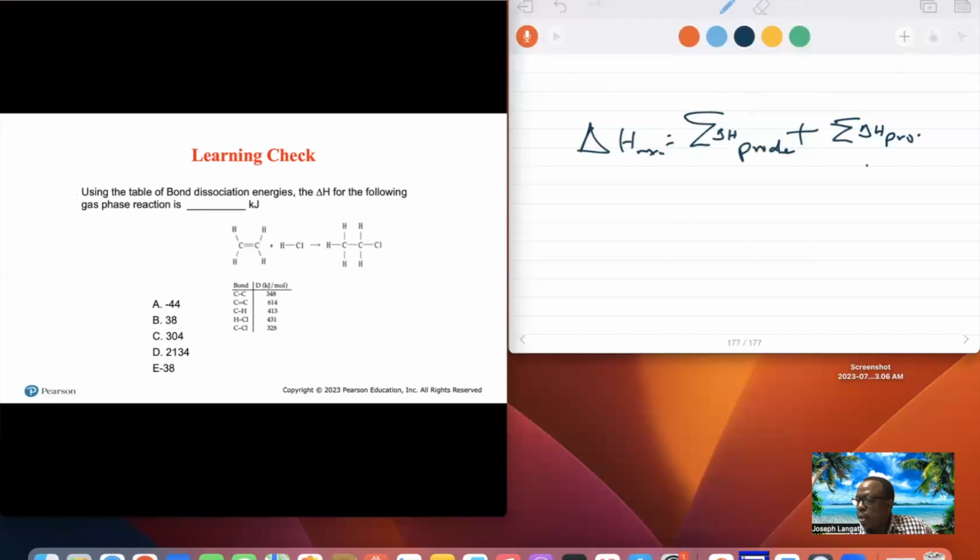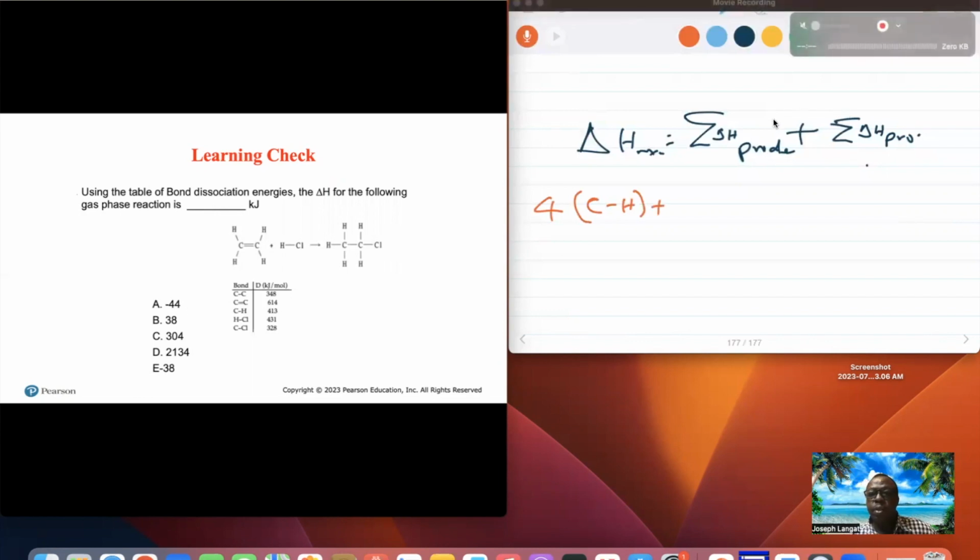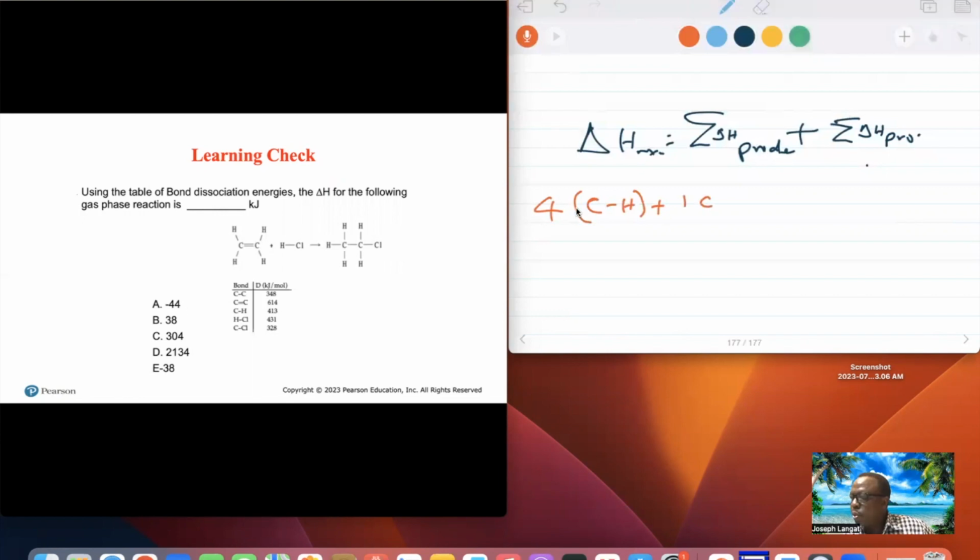If I look at A, here there are 4 carbon to hydrogen bonds. If you look at carbon, hydrogen, 1, 2, 3, 4. That's why I have 4 here. Plus, because of the summation here, 1 carbon double bond here.